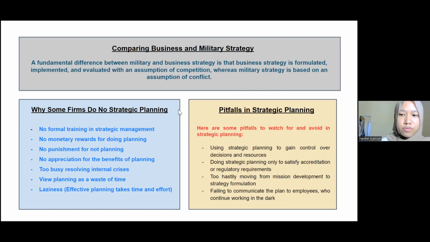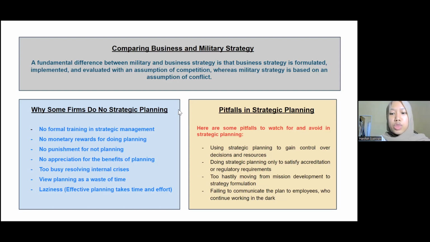There are some pitfalls in strategic planning that we can avoid. So what is a pitfall? Pitfalls are things that can make your planning hard to implement in the process. The first is people using strategic planning to gain control over decisions and resources. The second, people do strategic planning only to satisfy accreditation or regulatory requirements, which happens a lot.